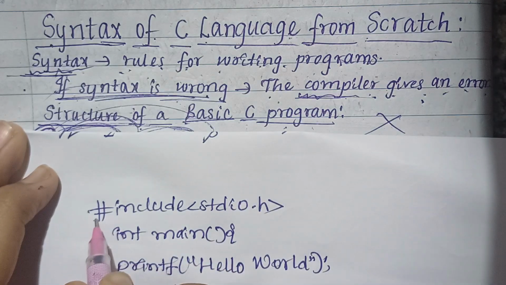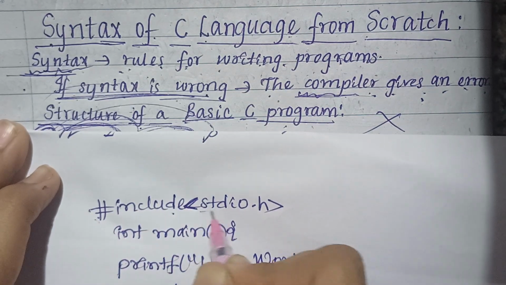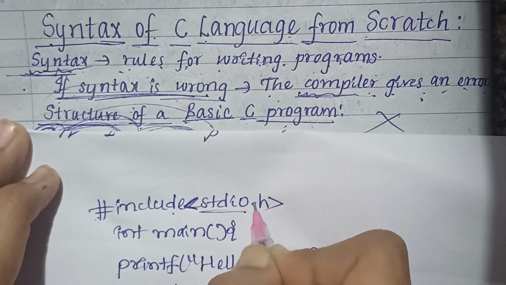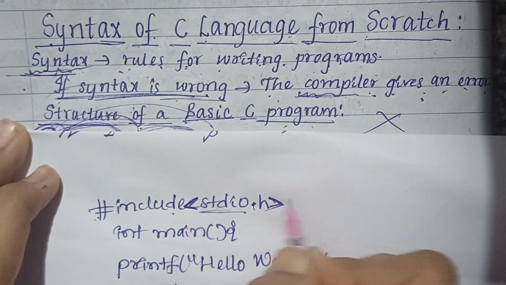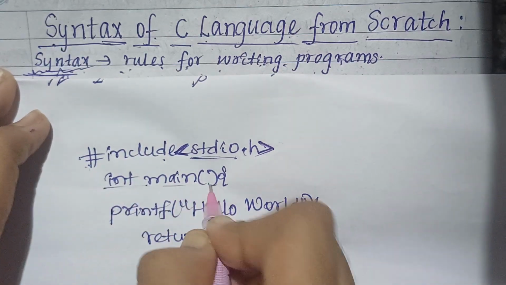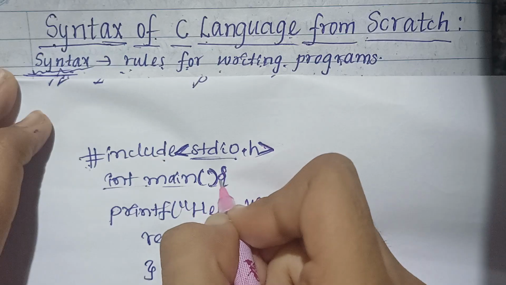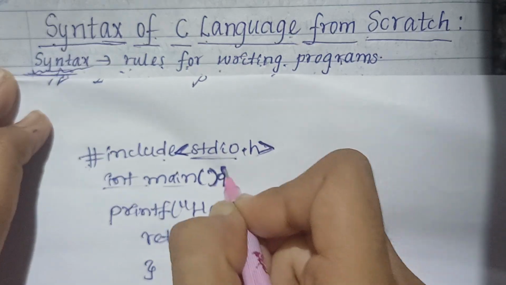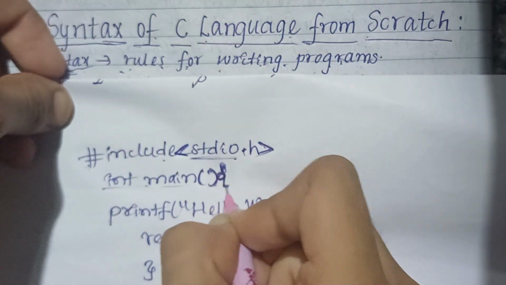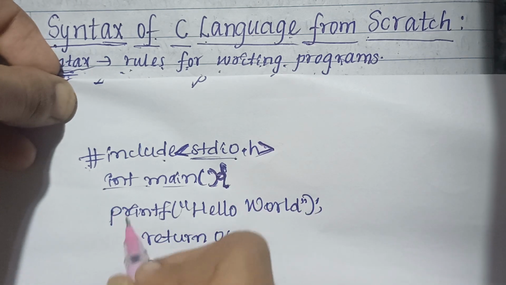Your first line is #include. Here you'll get an angle bracket, then stdio.h, and you have to close the angle bracket here. The second line is int main. Here you have to write parentheses, and this is your curly brace. This is the starting point of your curly brace, and then you have to write whatever you want to execute.